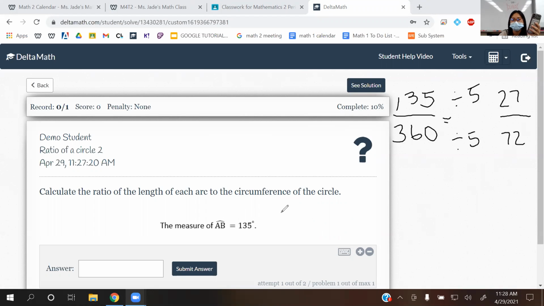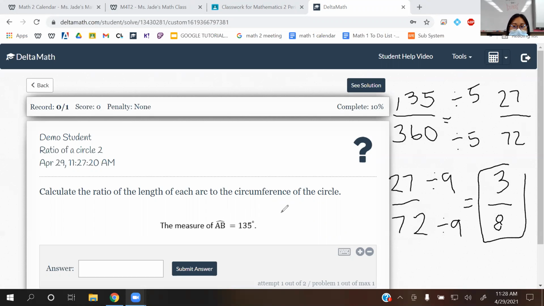Okay, I'm just going to rewrite that number over here. So I want to simplify this further. I think both the top and bottom are divisible by 9. So I'm going to divide by 9. So 27 divided by 9 gives me 3. And 72 divided by 9 gives me 8.